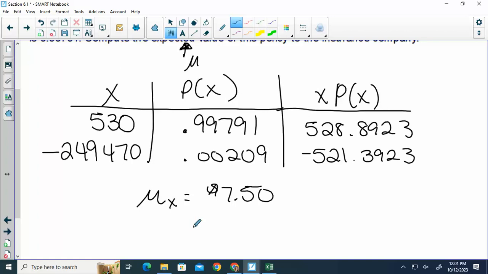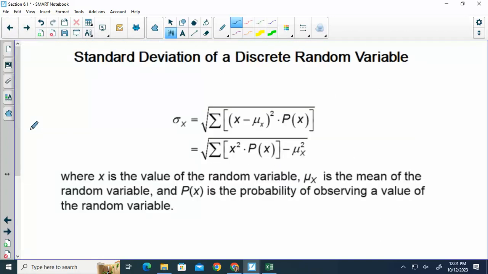The last piece I'm going to talk about is how to find standard deviation on this. And then I'll show you how we can use our calculator to do some of these things. So, standard deviation formula is a little ugly. So we know sigma means standard deviation. There's a couple variations.